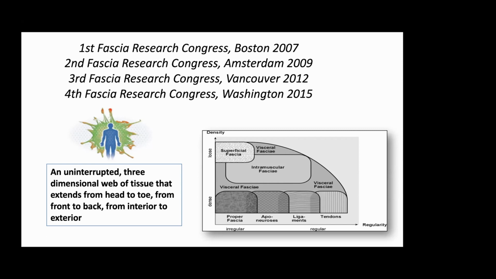They can be very regular or they can be very irregular. And the best example of very regular and very dense composition is the Achilles tendon, for example. And then loose connective tissue, superficial fascia, for example, they are irregular and they are very loose.